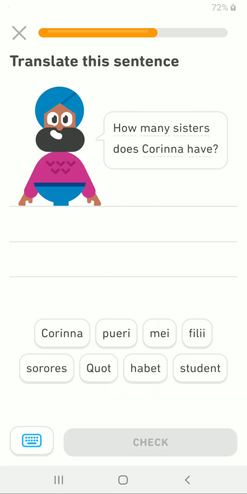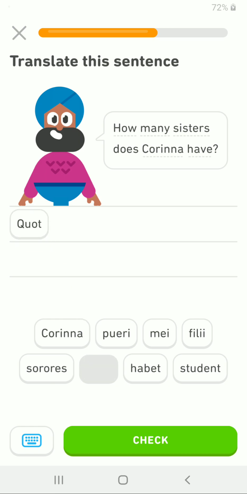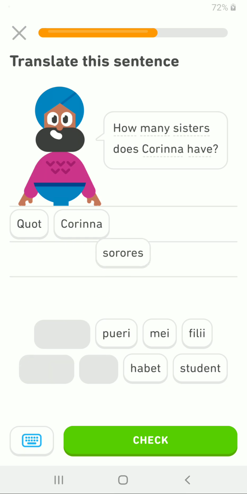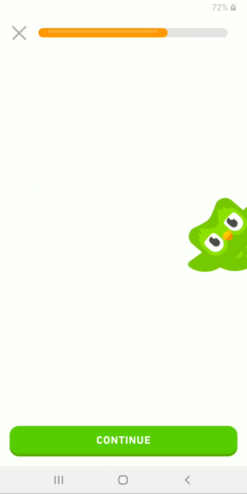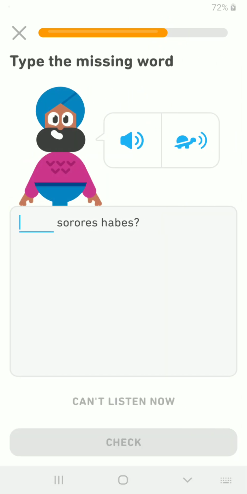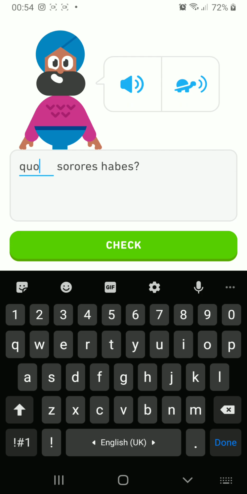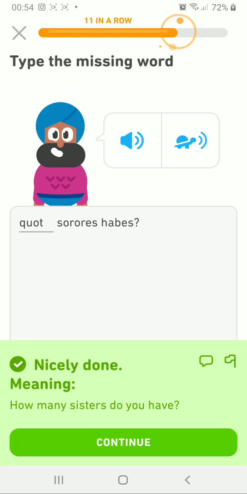How many sisters does Corina have? So, quot Corina sorores habet. Quot sorores habes?